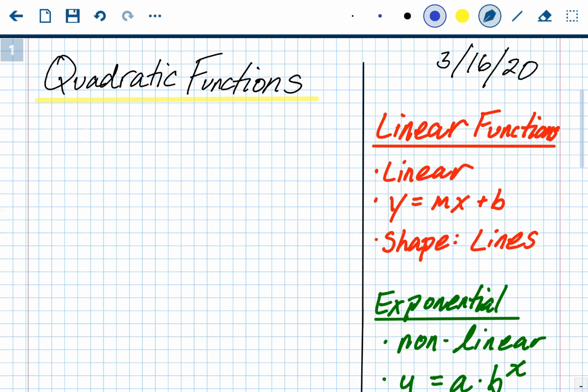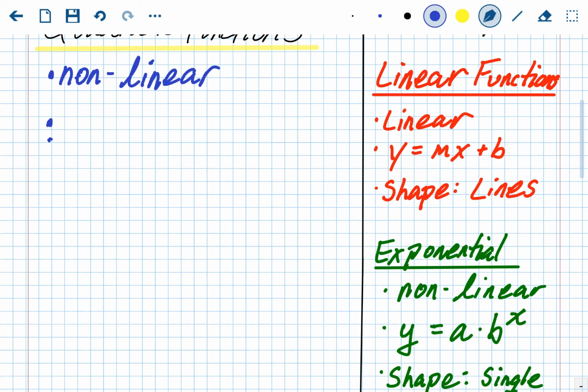All right, so let's apply all the same information to quadratics. Quadratics are also nonlinear. The standard form for a quadratic is y equals, or we'll say f of x equals, ax squared plus bx plus c.